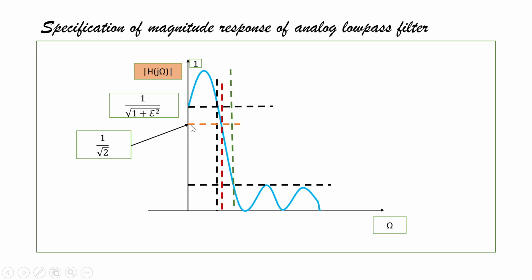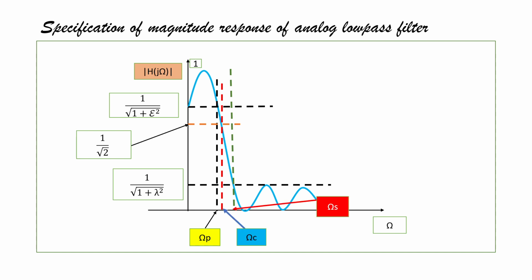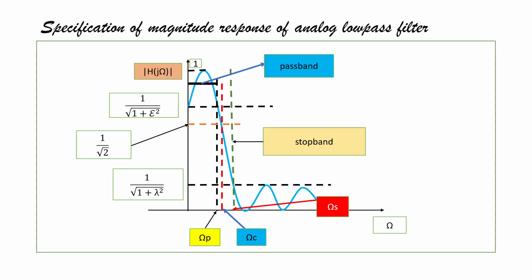In this position, the value is 1 by root 2. In this position, the value is 1 by root over of 1 plus lambda square. This point is the pass band frequency, this point is the cutoff frequency, and this point is the stop band frequency. So this is the pass band. This region is the stop band, and this red portion is nothing but the transition band.